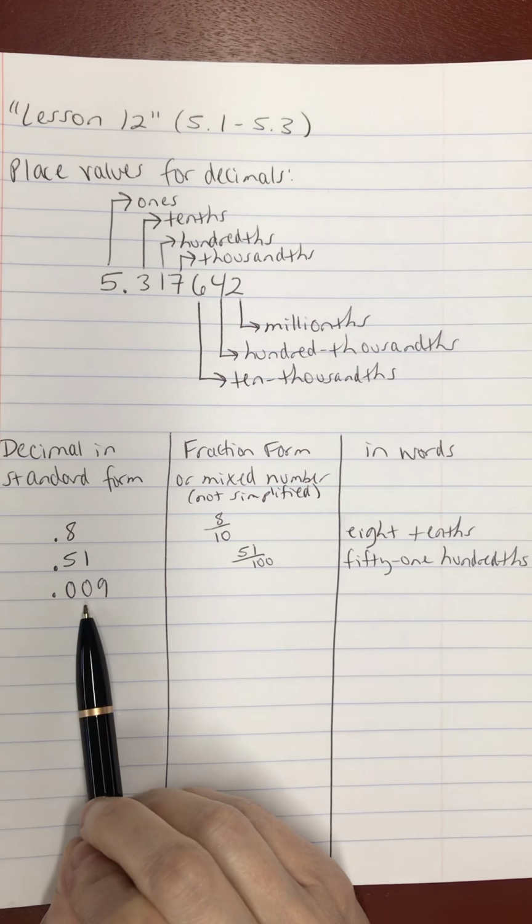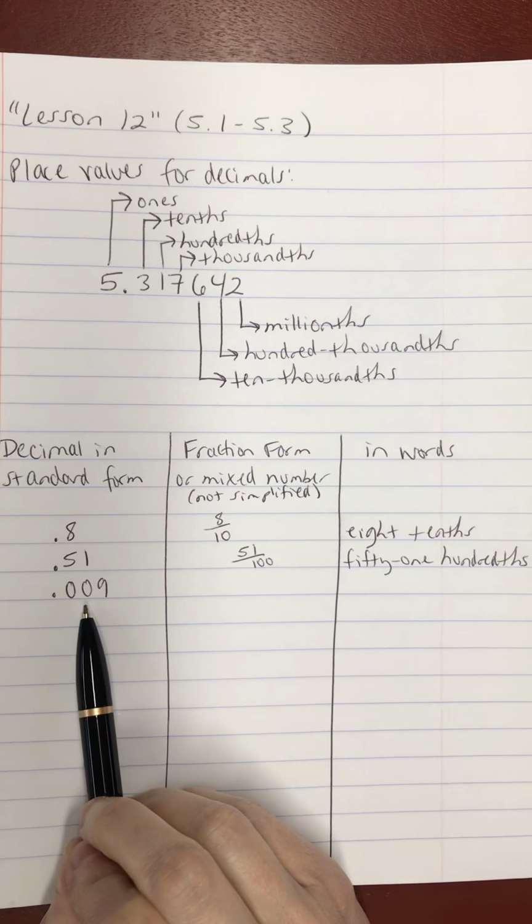They matter for position. You can't just cross them off. The only time you can cross off zeros, and we will get to that in a second, is when you have zeros at the end of a decimal. If there were a bunch of zeros after this 9, you could cross them all off. We don't care about zeros at the end, but we do care about zeros that are in front of or to the left of other numbers.